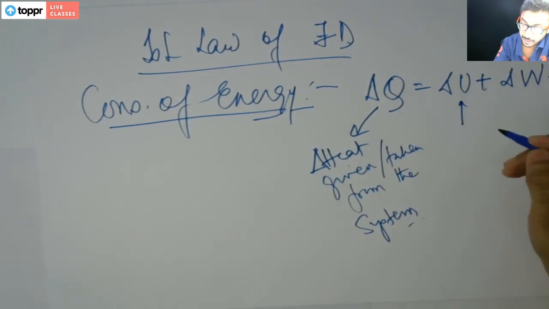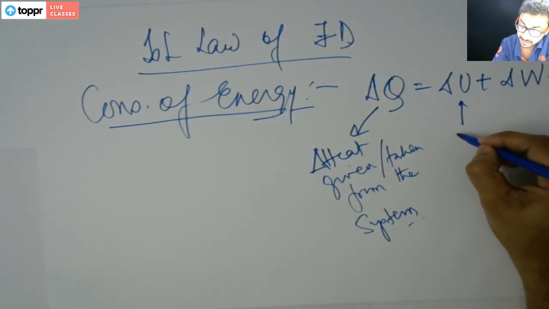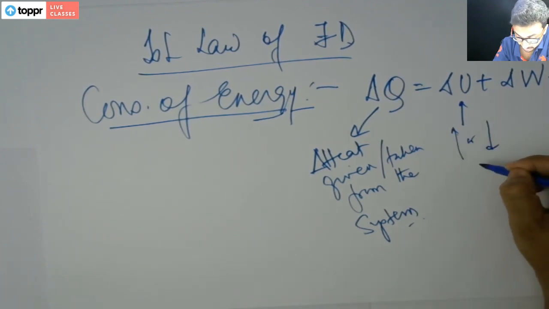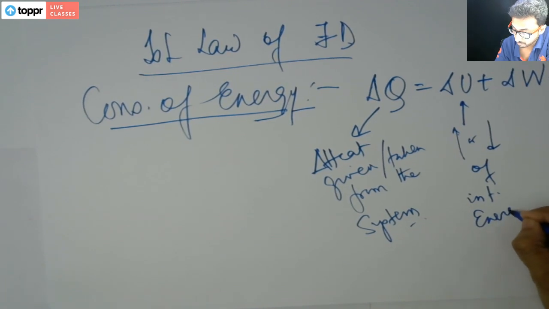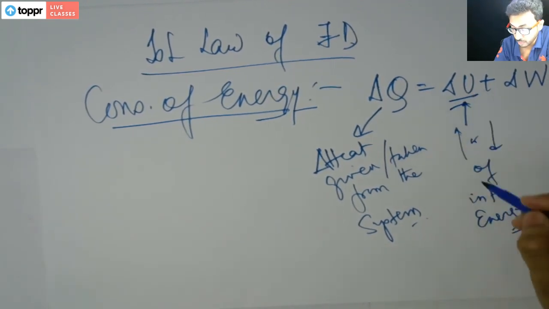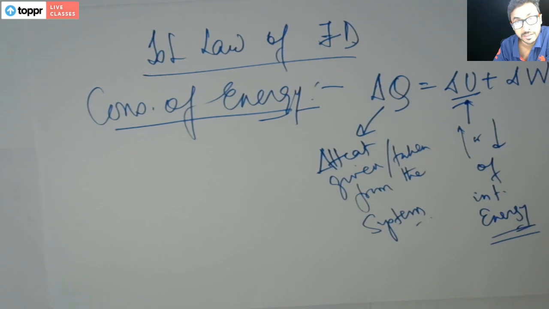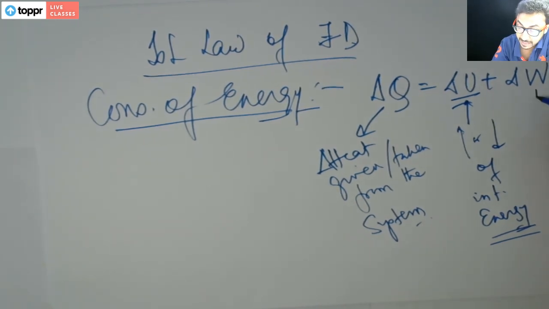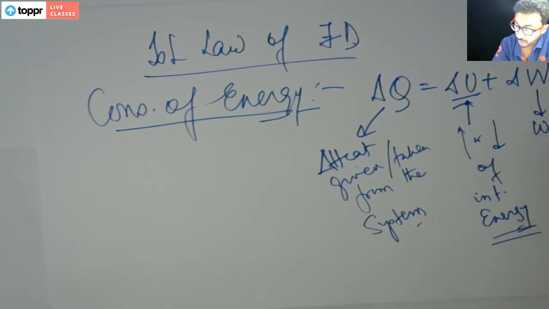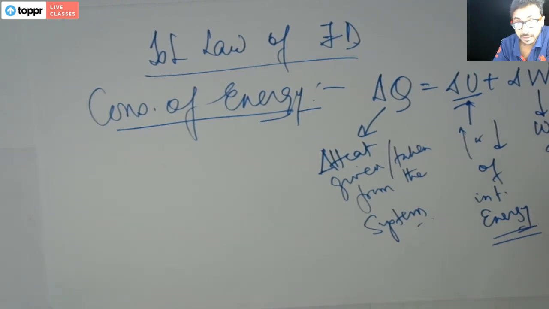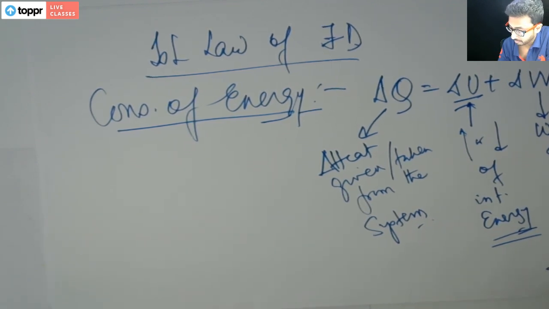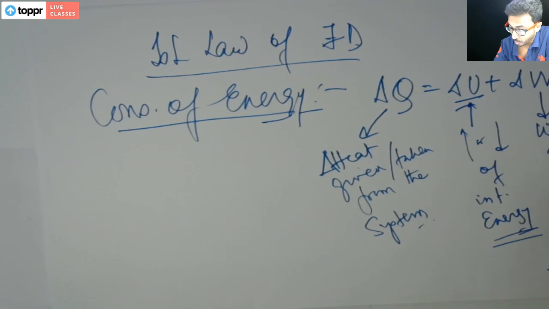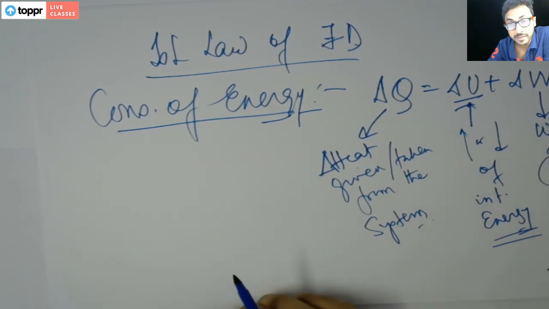Del U is the increase or decrease of internal energy. And del W is the work done by or on the system.